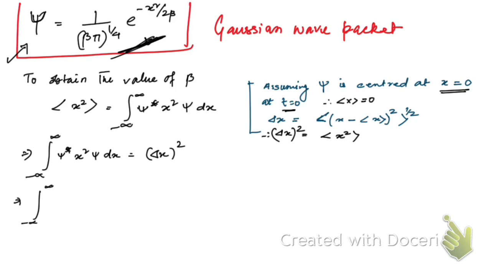If you multiply this one with itself, you're going to get x square, then 1 by beta pi, instead of whole to the power 1 by 4, you're going to get 1 by 2, and e to the power minus 2x square by 2 beta, the 2 gets cancelled, and here you're going to get minus x square by beta dx.